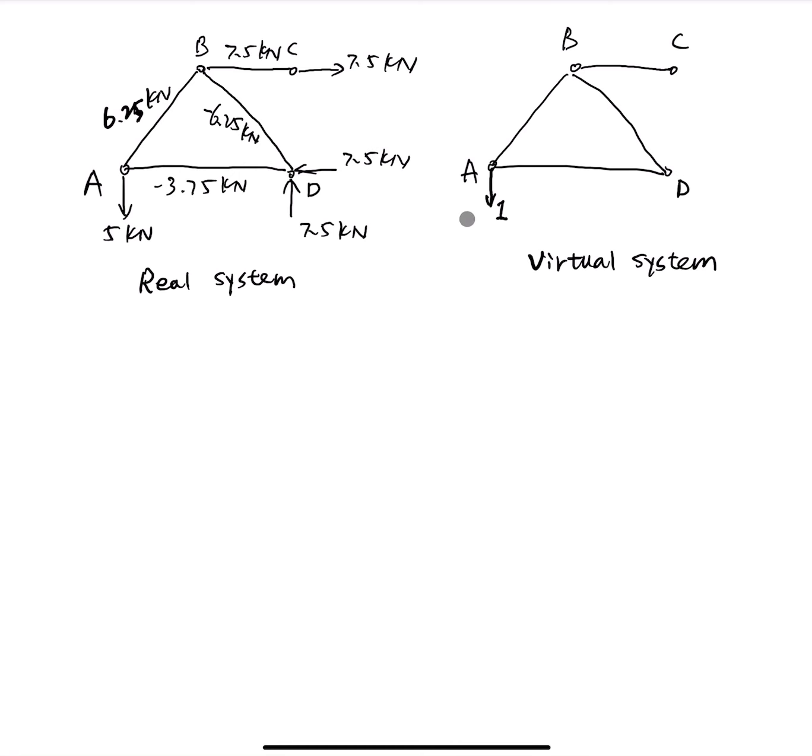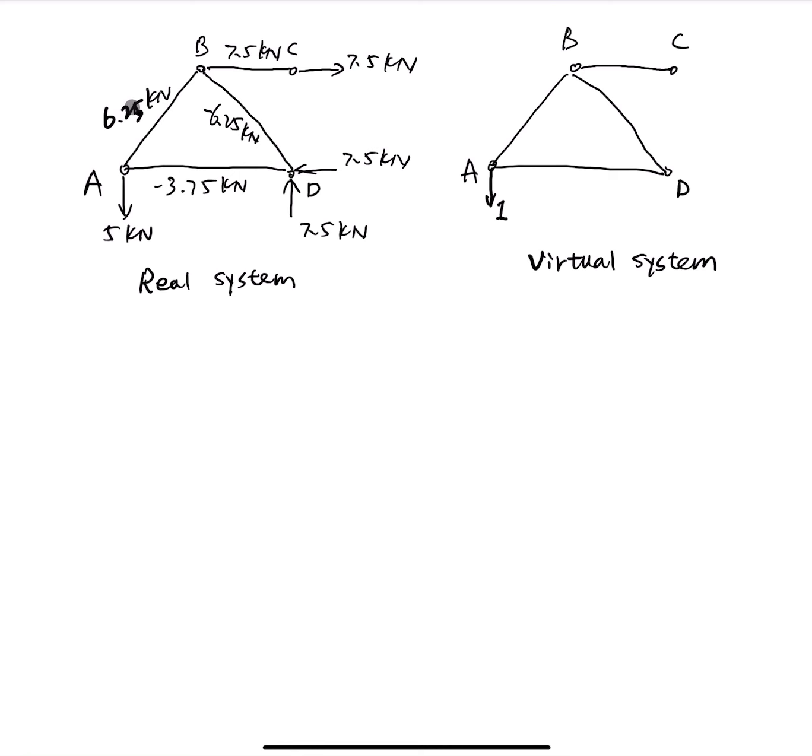But here we don't need to go through that again, because this is 5 kilonewton and this is 1, that means we can proportionally determine the member force by comparing with the real system. If this is 5 kilonewton, and member AB is 6.25 kilonewton, that means AB is definitely 1/5 of this value. So we can easily come out with the member force for the virtual system very quickly.